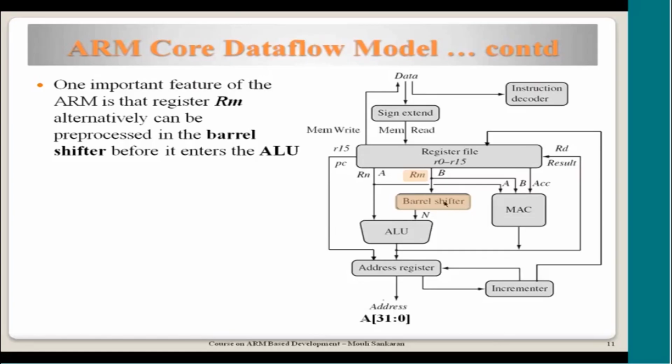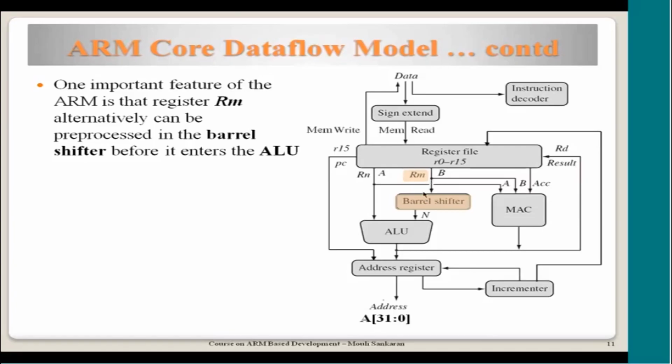Then what happens is that shifting by 4 is done by this barrel shifter, and the shifted value is given to the ALU, and the arithmetic addition is performed, and in the same cycle you say that the output result needs to be written into some register, maybe R2. Then the output is written into R2. So this all happened in one cycle. When we say cycle, we are referring to the M clock that is feeding into the processor. So the complete addition is done.